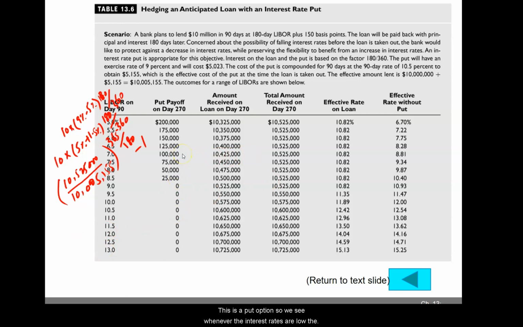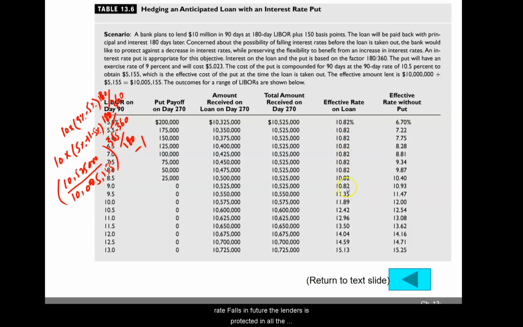Now, this is a put option, so whenever the interest rates are low, there is a positive payoff from the put option, and that supplements the lower interest payments on the actual loan, resulting in no case the lender receiving less than 10.82%.